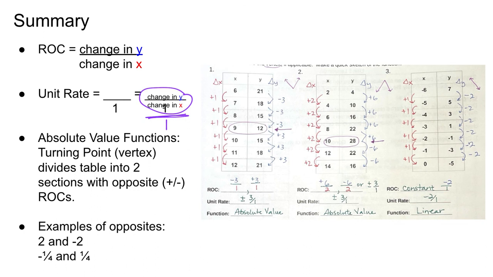And then the key things that we learned in this unit, all absolute value functions have a turning point, which is called a vertex, and that divides our table into 2 sections that have constant opposite rates of change, a positive and a negative. An example of opposites would be 2 and negative 2, or negative 1/4 and positive 1/4. And your page should look similar to mine in your notes.